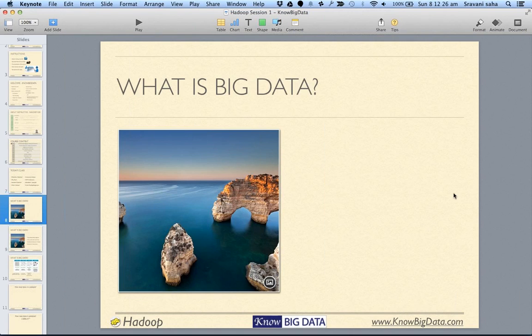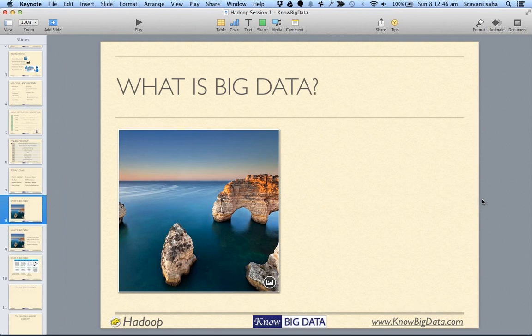So Naresh says that it is data in massive size.